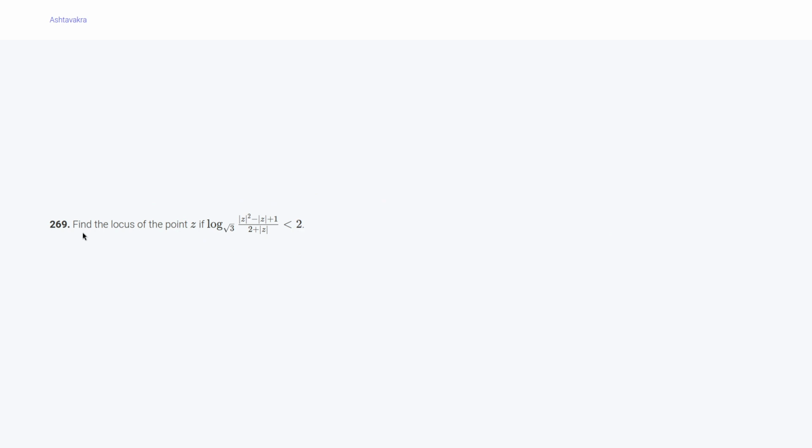Question 269 says find the locus of point z if log with base root 3 of mod z square minus mod z plus 1 by 2 plus mod z is less than 2. So we take the anti-log, we get mod z square minus mod z plus 1 by 2 plus mod z less than or equal to square root of 3 square. This will become 3, which will give us mod z square minus 4 mod z minus 5 less than 0.